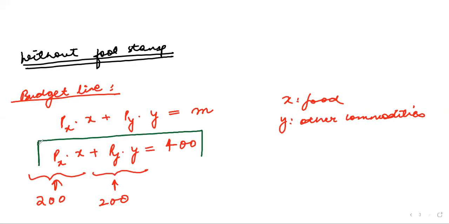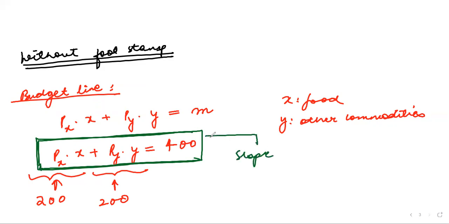What matters is that the budget line can be written like this, with the slope of the budget line as Px by Py.